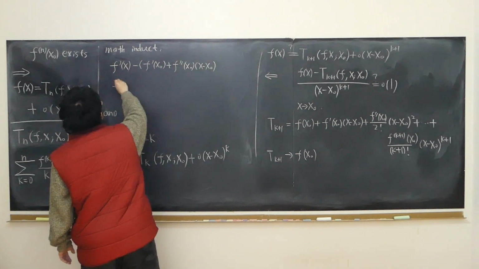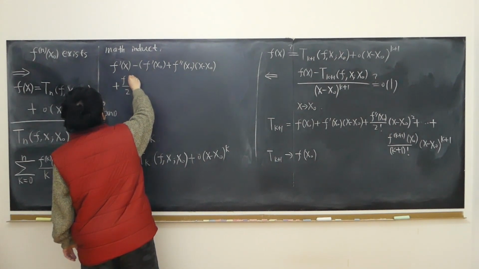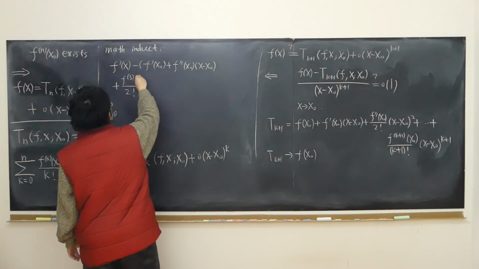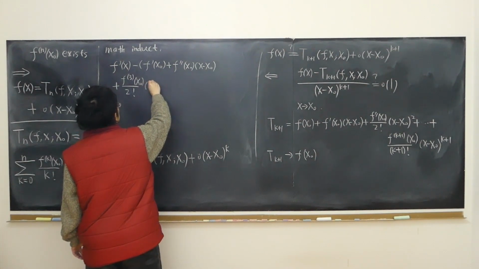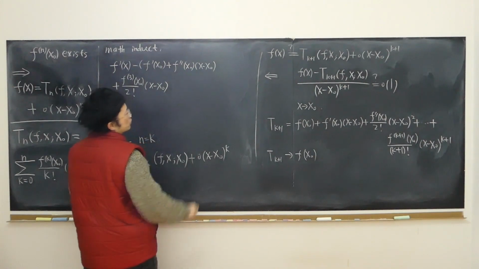So I have 2 factorial at the bottom and f third order derivative at x naught times (x minus x naught) to the power of just 2.